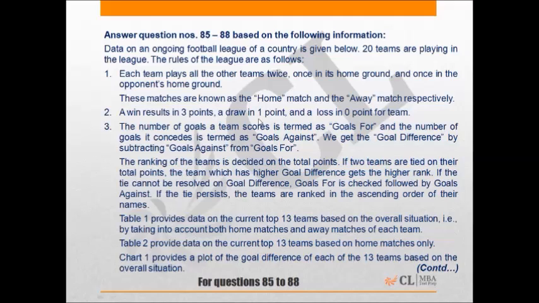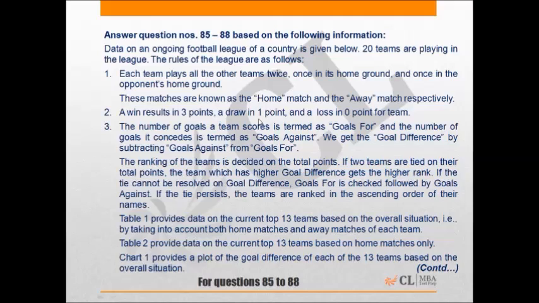We get the goal difference by subtracting goals against from goals for, which means goal difference can be negative as well as positive. It depends on the number of goals for and goals against. If goals for is more than goals against, then this difference will be positive, otherwise it will be negative. The ranking of the teams is decided on the total points.